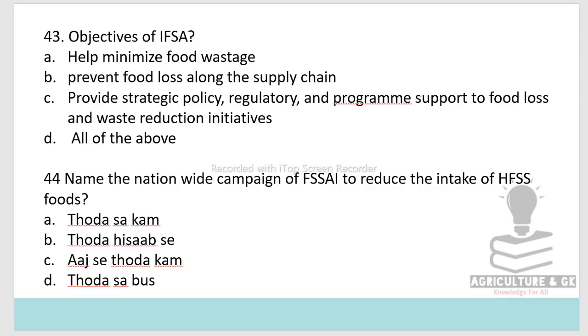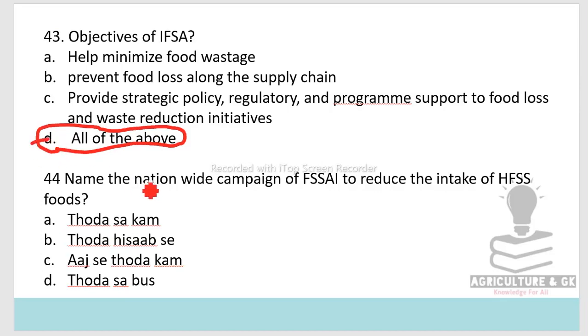So all of these will be the objectives of IFSA. So our answer will be option D. All of the above are objectives of IFSA.